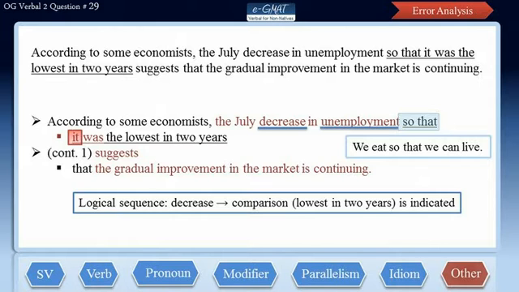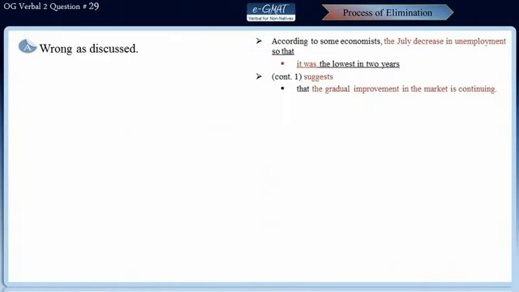But if the decrease is lowest in 2 years, then it would mean that the unemployment is no more decreasing. So logically, it will not make sense to say that the economy is improving if the decrease in unemployment is at the lowest level. So this leads to the pronoun ambiguity error in this sentence. Well, these are the only two errors here, and let's see what's the correct answer.